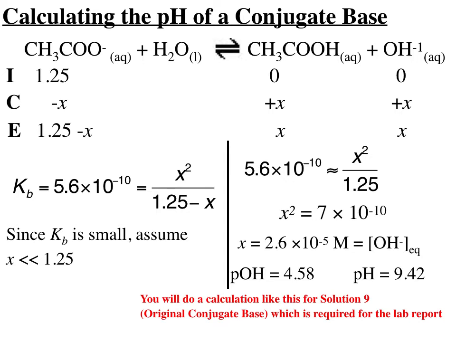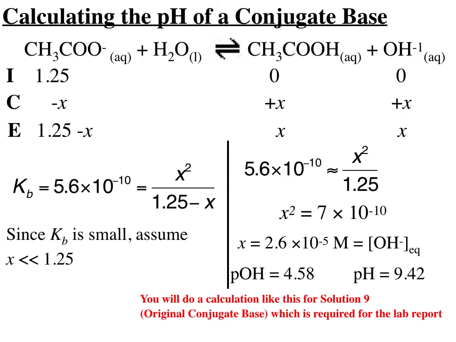So when the dust settles and I come to equilibrium, the equilibrium values of each of these species can be found by summing the initial value plus the change. So that'll be 1.25 minus x for the acetate anion, x for the acetic acid molecules, and x for the hydroxide.